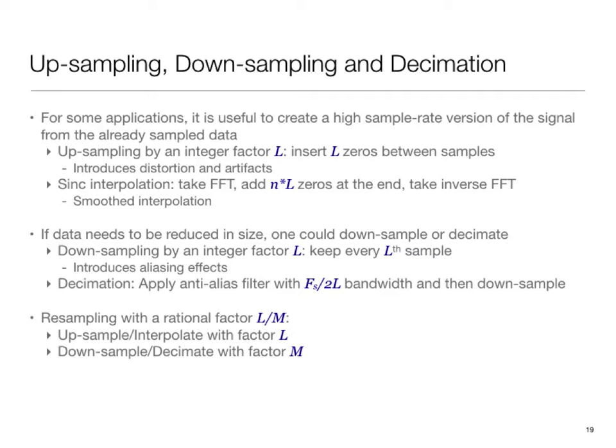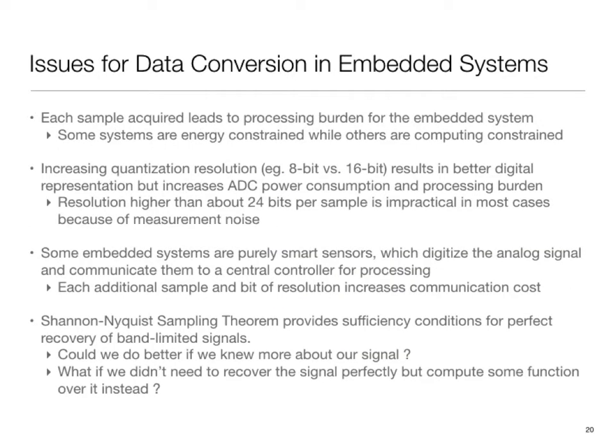So basically, just blindly throwing away samples or doing some averaging will incur artifacts. And then you can always imagine handling rational things like L over M in this example. So I want to change the frequency by 2 over 3. That's a combination of upsampling and downsampling. So these kinds of games often have to be done.